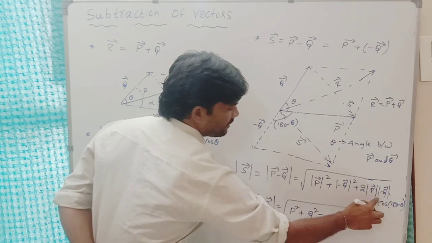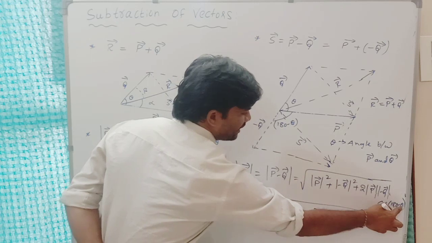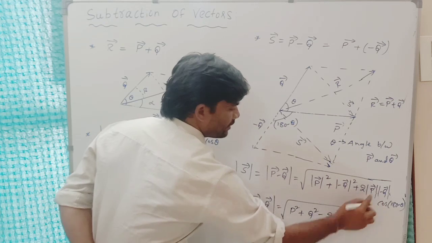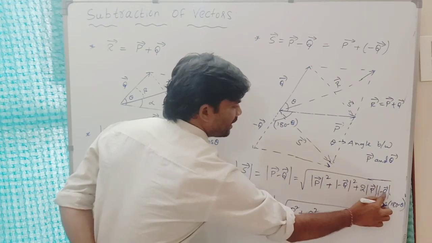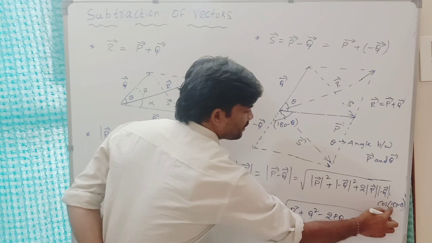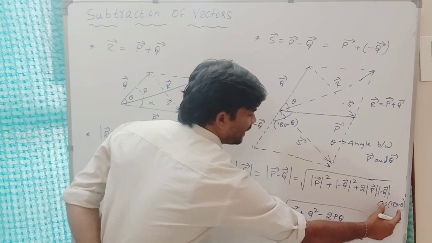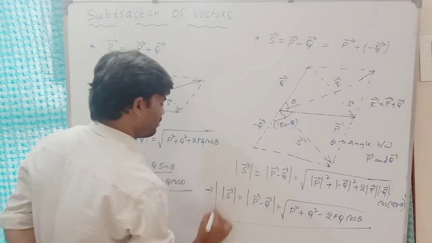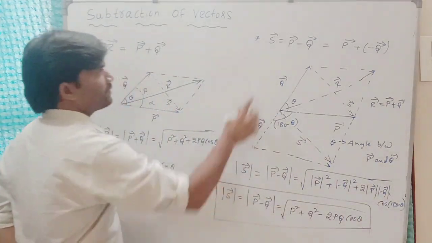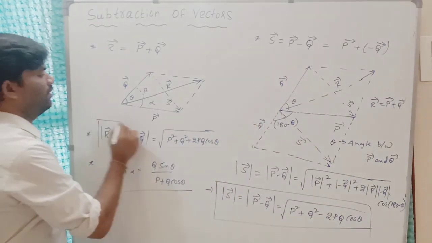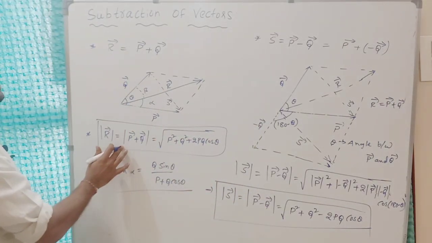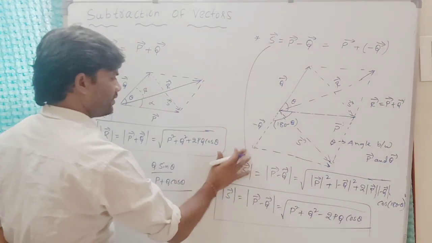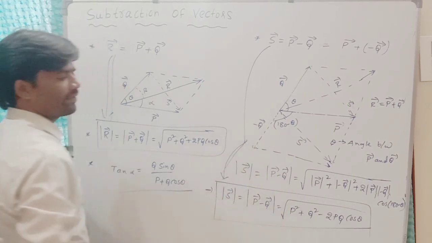So minus this cos 180 minus theta is minus cos theta, so I write the minus sign here, 2PQ cos theta. This is the formula for the magnitude of this S vector, and this is the formula for the magnitude of this R vector. Clear? For this magnitude, the formula is this. For the magnitude of this, the formula is this. Remember this.